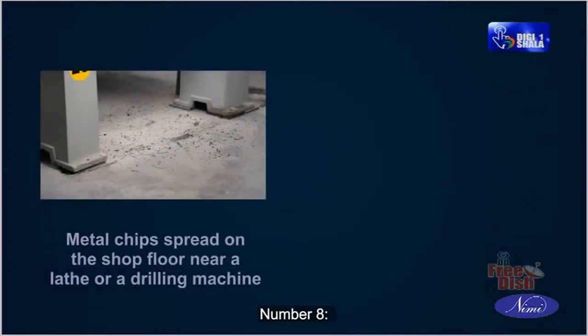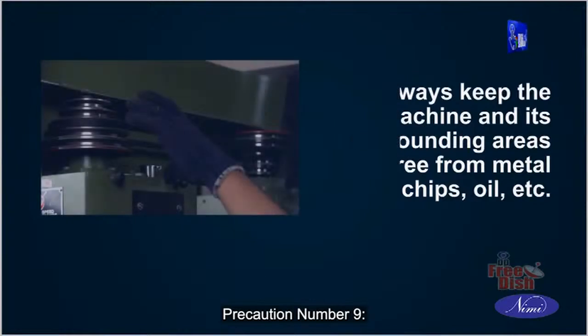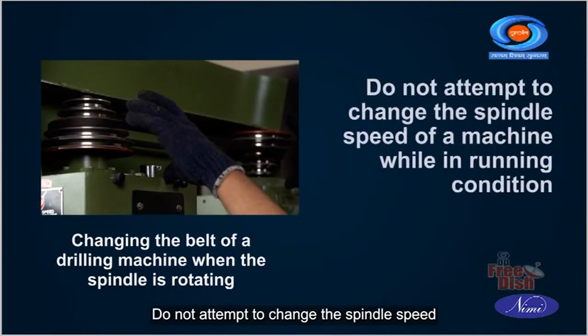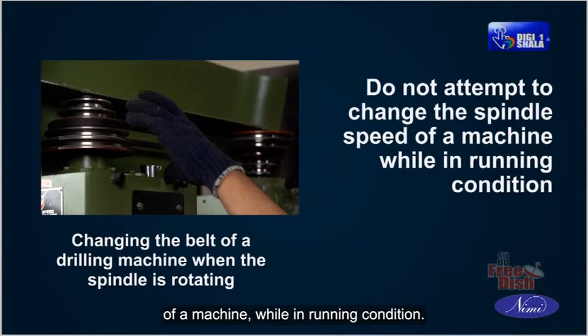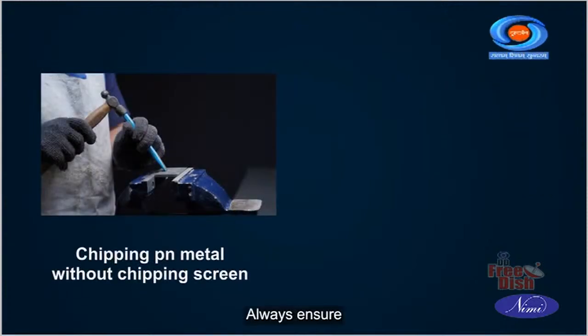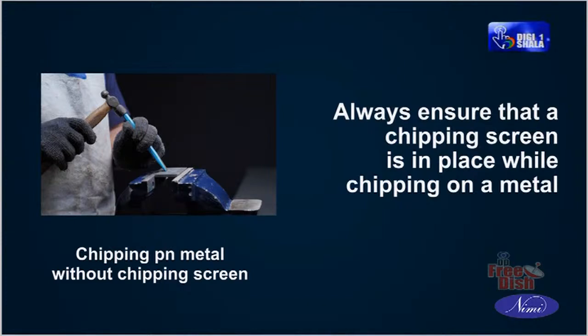Precaution number 8. Always keep the machine and its surrounding areas free from metal chips, oil, etc. Precaution number 9. Do not attempt to change the spindle speed of a machine while in running condition. Precaution number 10. Always ensure that a chipping screen is in place while chipping on a metal.